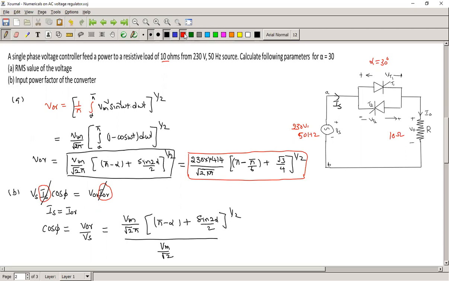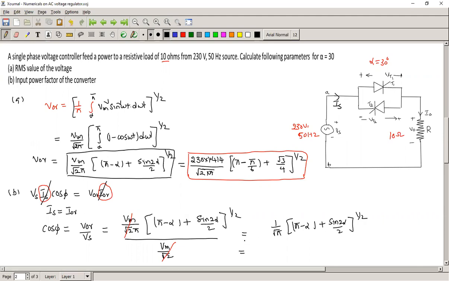So this Vm by root 2 gets cancelled. So this is equal to 1 by root pi into pi minus alpha plus sine 2 alpha by 2, power 1 by 2. This is the input power factor.